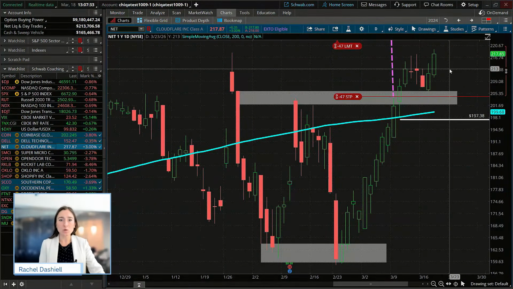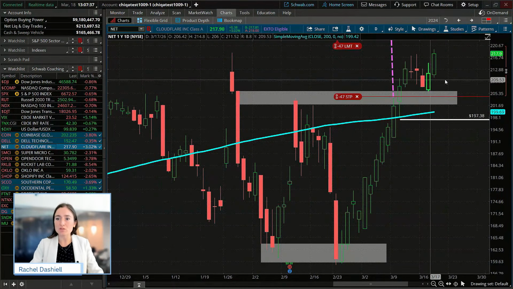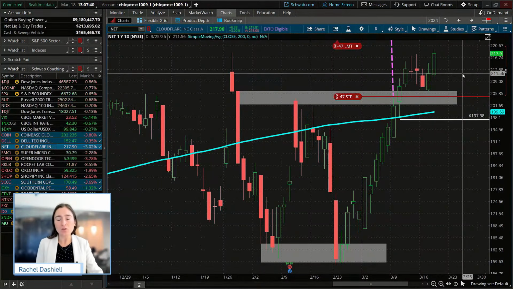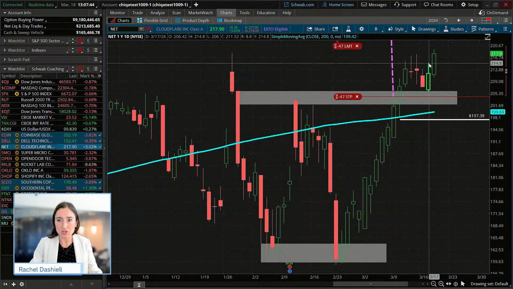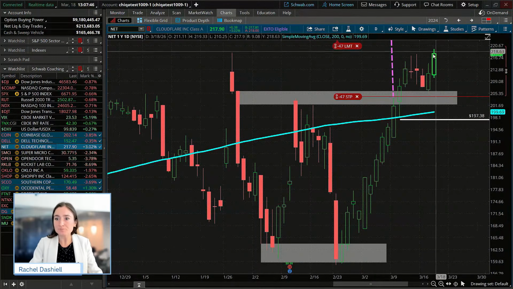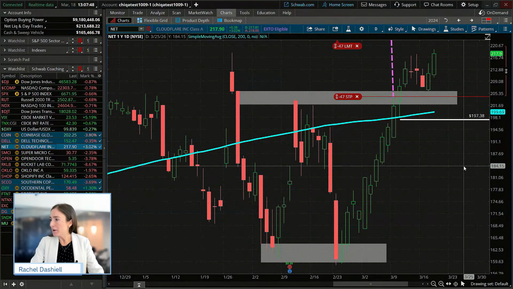And so especially when we have a bullish engulfing candlestick like this, the most powerful follow through signal is going to be a close above the high of that bullish engulfing candlestick. So we're going to look for that today. But I honestly think, because this is a price pattern, we have seen this hold.